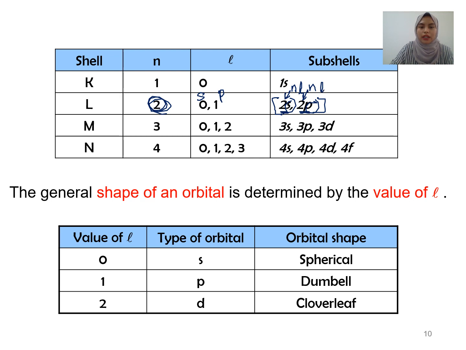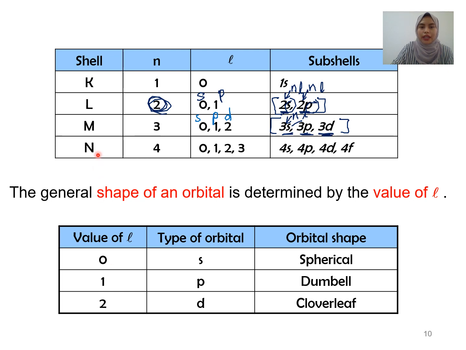Next, if you have shell M with energy level 3, the L value will be 0, 1 and 2. So 0 has subshell S, 1 has subshell P, 2 has subshell D. If you want to know the subshell notation for shell M, since the energy level is the third and there are 3 possible L values, you will get 3s, 3p and also 3d.